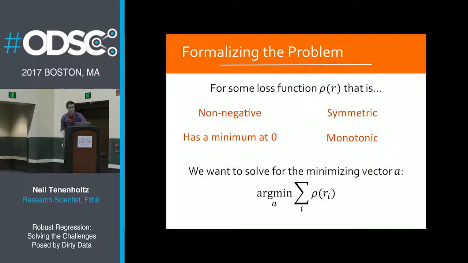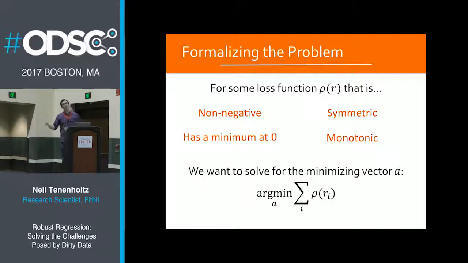And so, what kind of function are we looking for? There's a few properties you probably want to have that make intuitive sense, right? Because we're trying to minimize the sum of this function for all of our residuals, we want the function itself to be non-negative. Otherwise, if a value could create a negative output, you would always want that negative output, and you could theoretically just make your sum go very, very small. You want to have a minimum at 0.